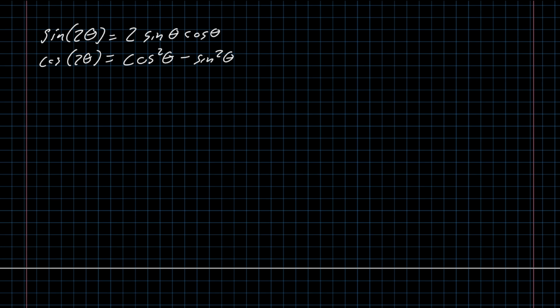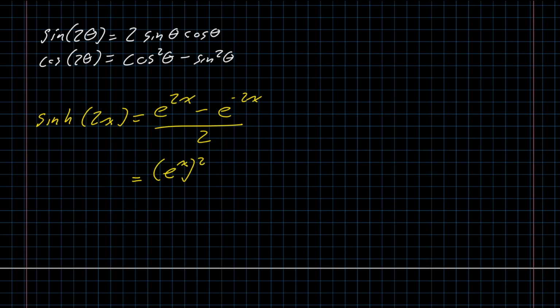Now, if we try to look at the same expressions for sinh and cosh, the hyperbolic sine of 2x, using our definition, would be e to the 2x minus e to the minus 2x, all over 2. And now if I can be a little bit creative, I can think of e to the 2x as (e to the x) squared.